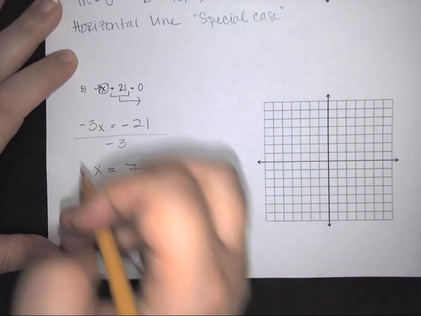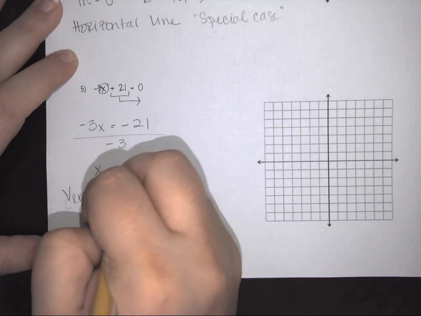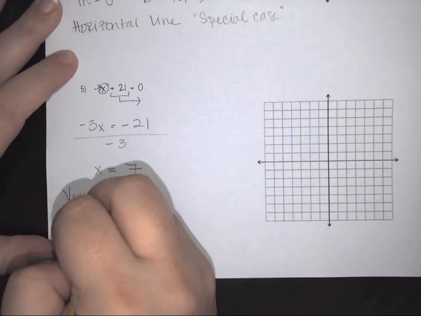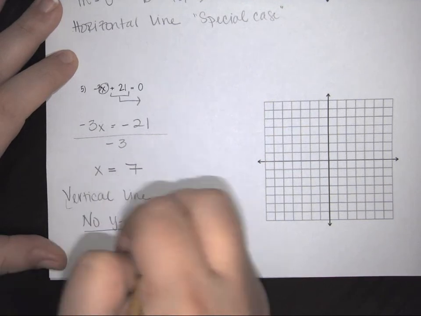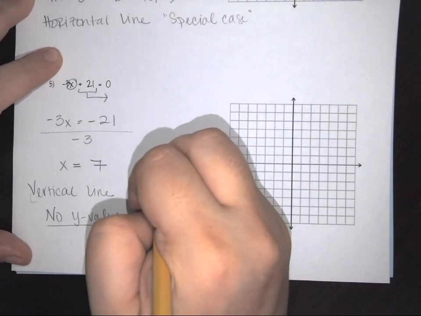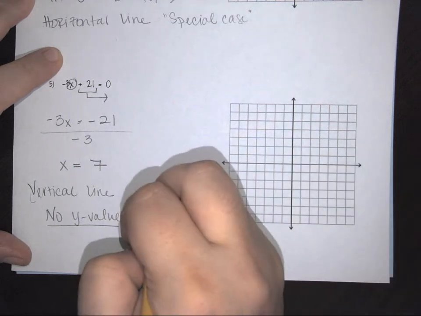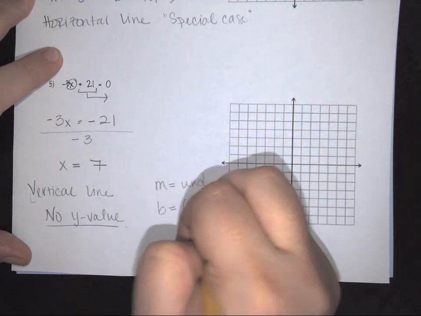This is an x equals equation, which tells me you have a vertical line. And with this, you can look and see that you have no y value. No y value tells you that your slope is undefined, but your intercept value is 0, 7.